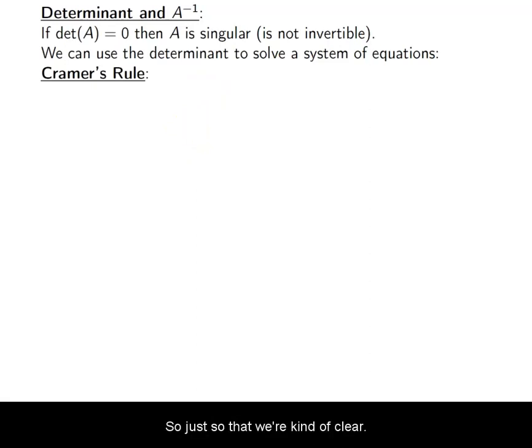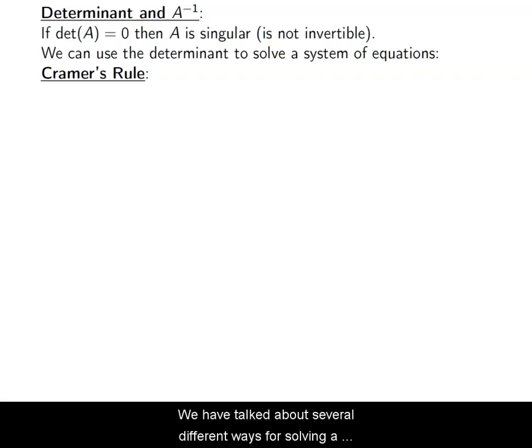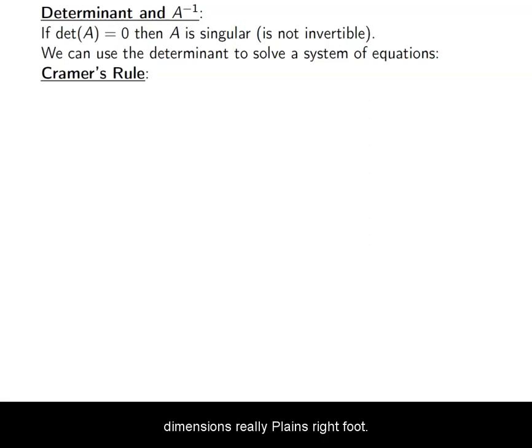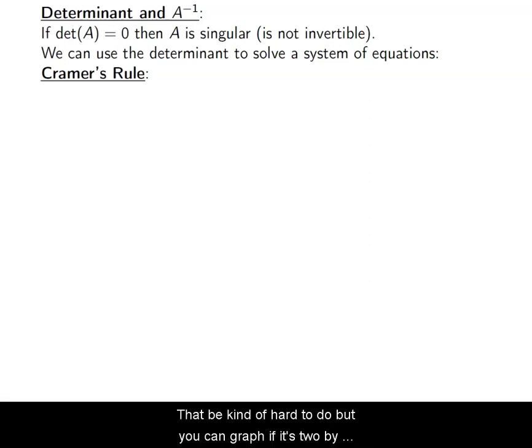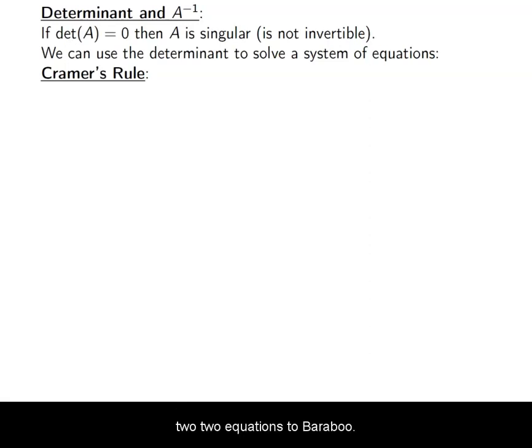So just so that we're kind of clear for this section so far, we have talked about several different ways for solving a system of equations. In the very beginning, I said you can graph them if they're lines. It doesn't really work when you're in a 3x3 because you'd be plotting lines in 3 dimensions, really planes, right? So that'd be kind of hard to do. But if it's 2x2, 2 equations, 2 variables, you can graph it, okay?